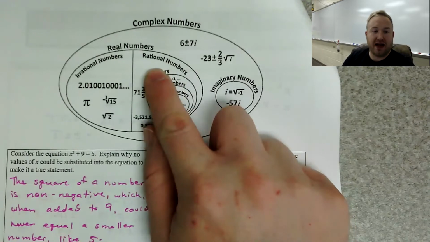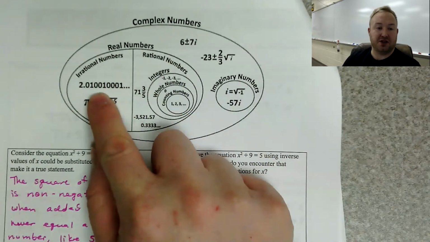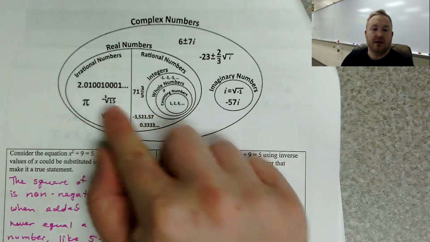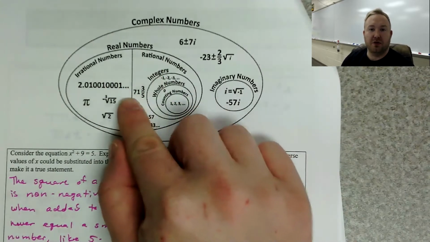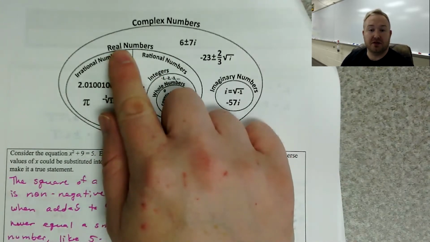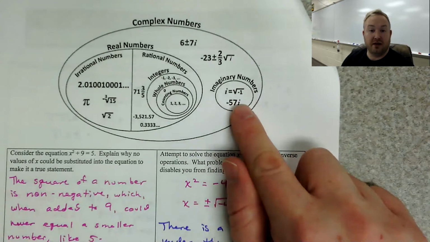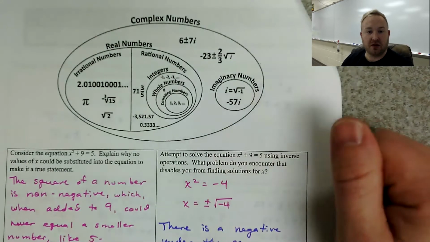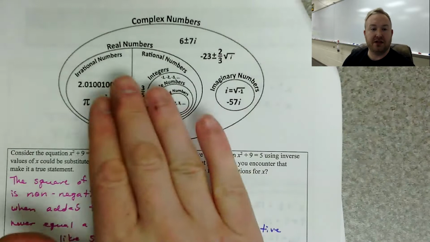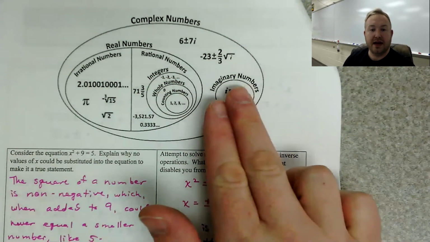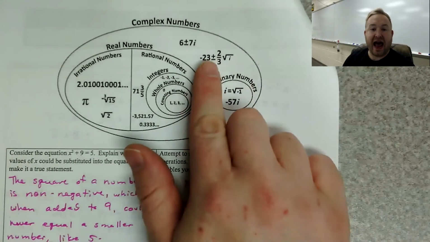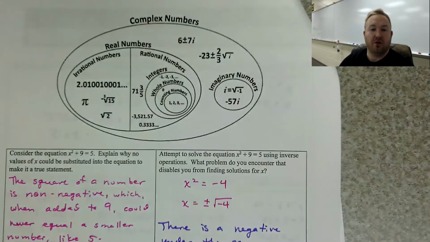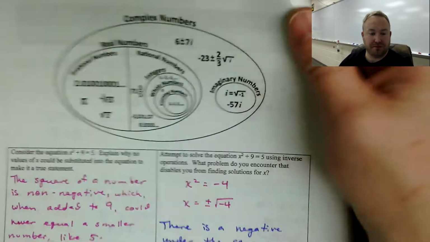Those all make up the rational numbers. Then we also have the irrational numbers, like pi. The rationals and the irrationals go together to make up the real numbers. We also have these other numbers out here called imaginary numbers, and we've talked about what those are before. We've also mentioned that if you take a real number and an imaginary number and add or subtract those, you get what we call a complex number.